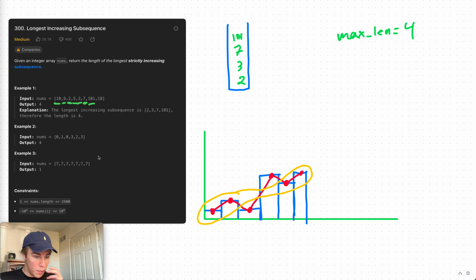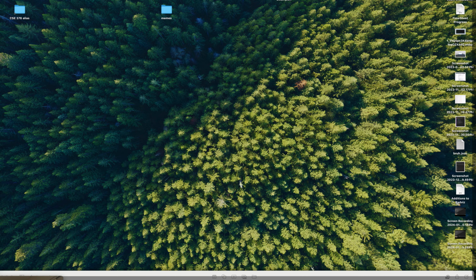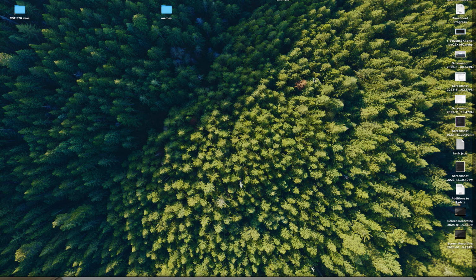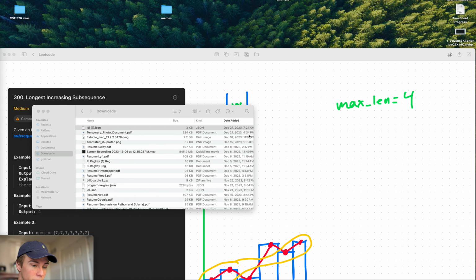right? But following our approach, where we replace the largest numbers in the stack with ones that appear later but are smaller, we would actually be, oops. Sorry, what happened?